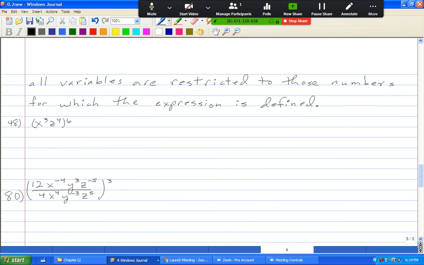Okay, so you're just assuming that everything's nice and defined. So let me raise each of these to the power 6. And so this is just x to the power, well, 3 times 6 is 18. Z to the power 4 times 6 is 24. And that is your answer.